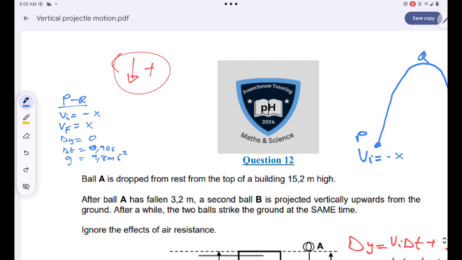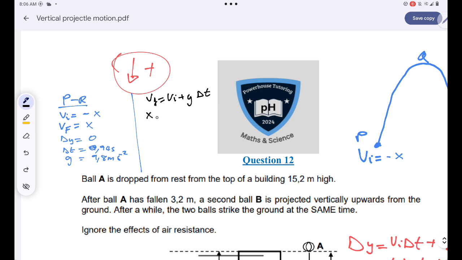They want me to find the initial velocity. I can use any of the equations here, guys. The easier one is the first equation: Vf equals Vi plus g delta t.